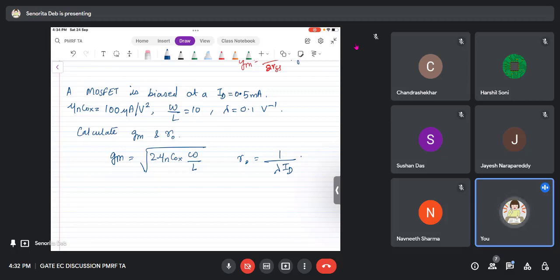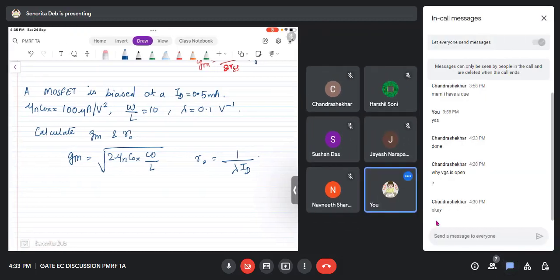Has anybody solved? So this can be a 1 mark question, numerical answer type they can give. Anyone solving?